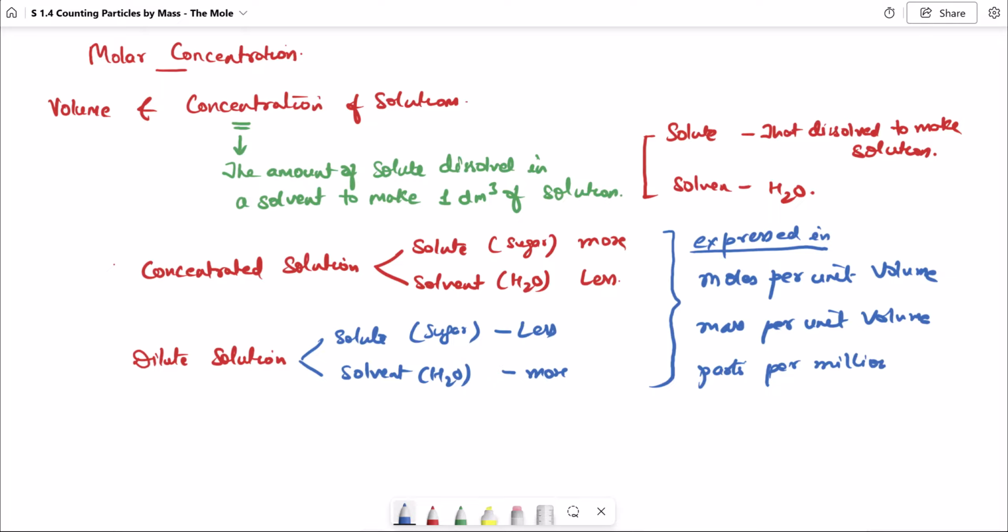These are the three ways we can express. So let's first discuss moles per unit volume. Fine.